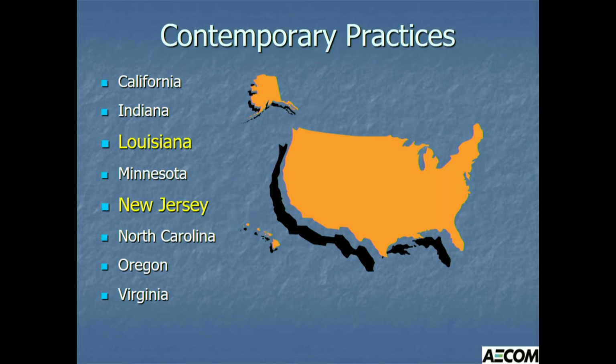Louisiana and New Jersey. Two states almost at opposite ends of the spectrum. You have New Jersey, very high density state, but they have an access code so that the DOT has the statutory authority. And Louisiana DOTD, which at the time we did the synthesis, really didn't have much statutory authority.